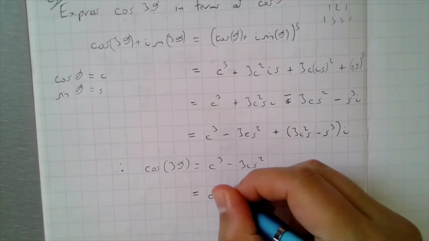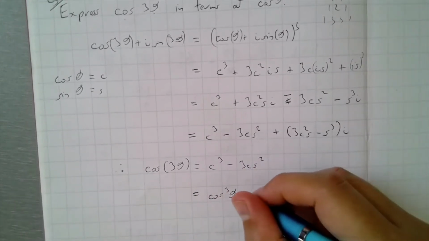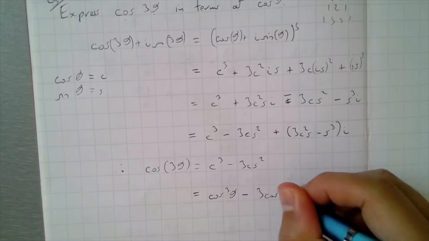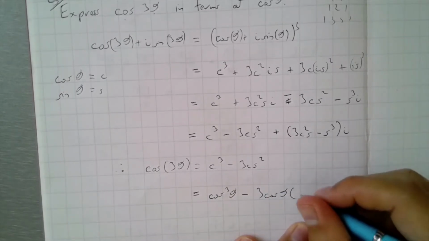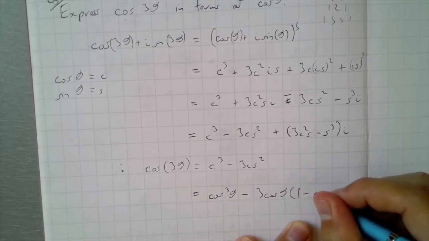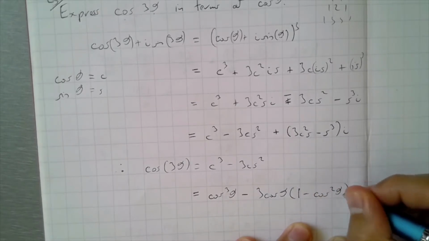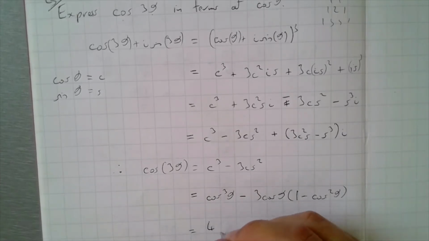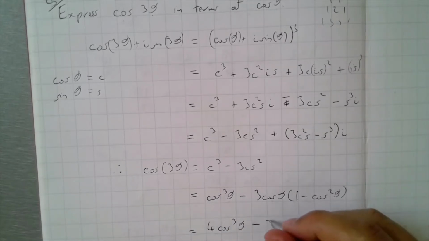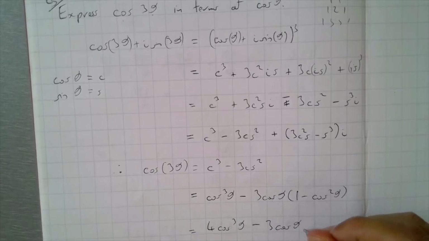We've got cos cubed theta minus 3 cos theta, and then we've got sine squared theta, and sine squared theta is the same as 1 minus cos squared theta. So altogether we get 3 cos times that one gives me 3 cos cubed. That gives me 4 cos cubed theta altogether minus 3 cos theta.